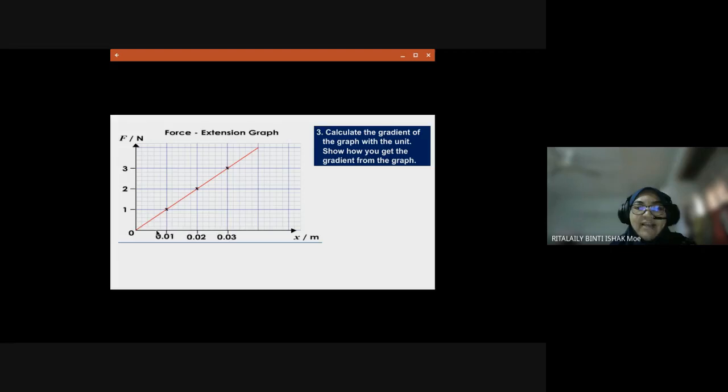So 3 divided by 0.03. When we draw a gradient, we must first draw the triangle, the biggest triangle we can get. Then we write the equation, and lastly we get the value, and don't forget the unit.